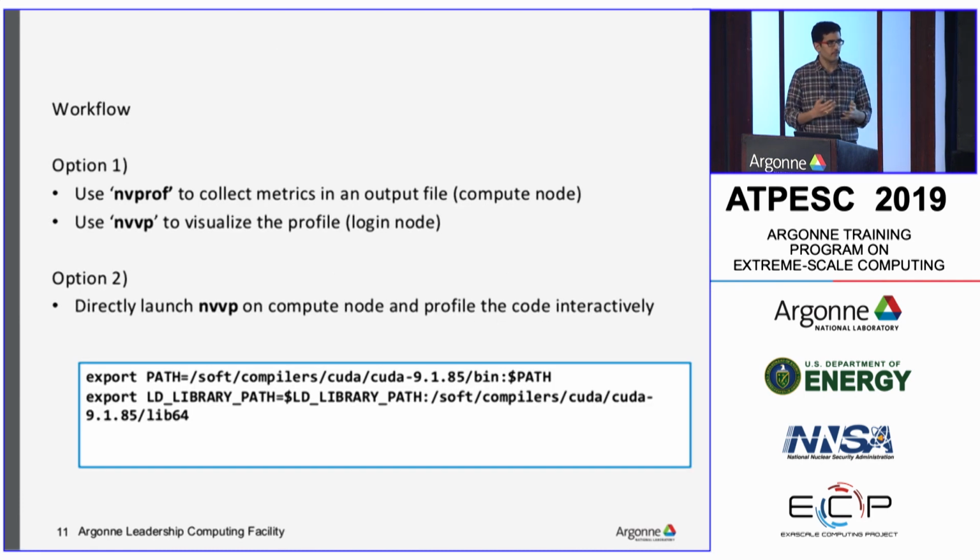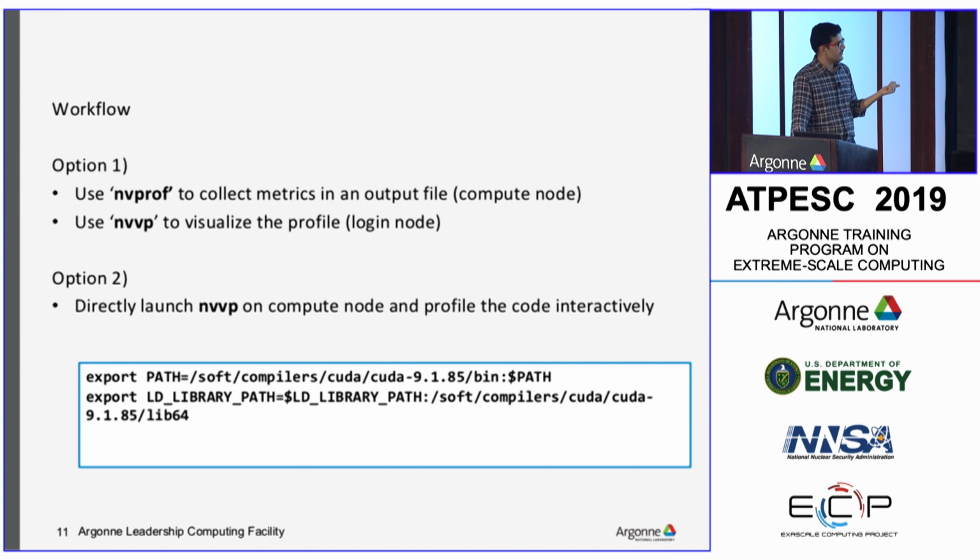The typical workflow has two ways. One is if you're running on a login node and a compute node, we run NVProf on the compute node. This profiles my application, collects the data, and dumps it into a log file. Then from the login node you can use the visual profiler to load that profile data and do your analysis.